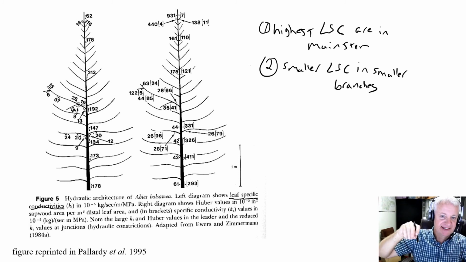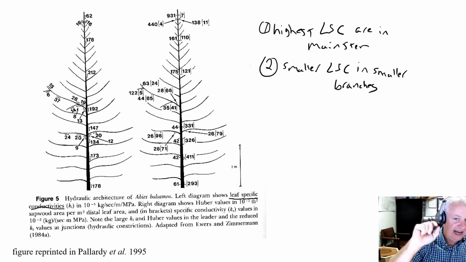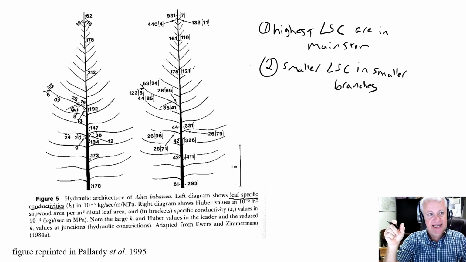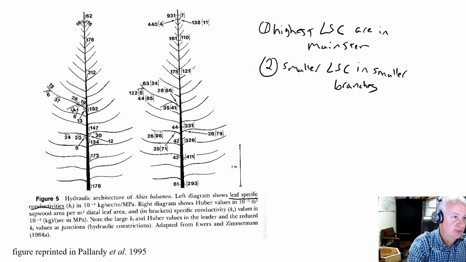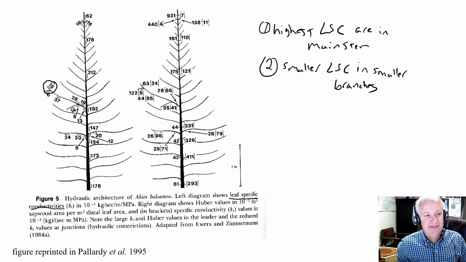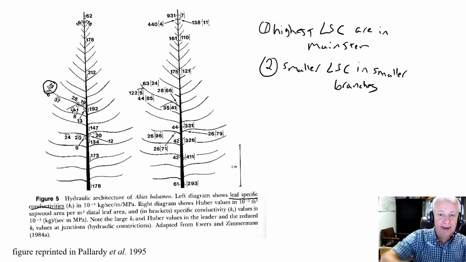And they hypothesized that this created sort of hydraulic restrictions in the crown where, for instance, way out here, where leaf-specific hydraulic conductivity was really low, that is where the greatest drop in water potential would occur in this hydraulic system.